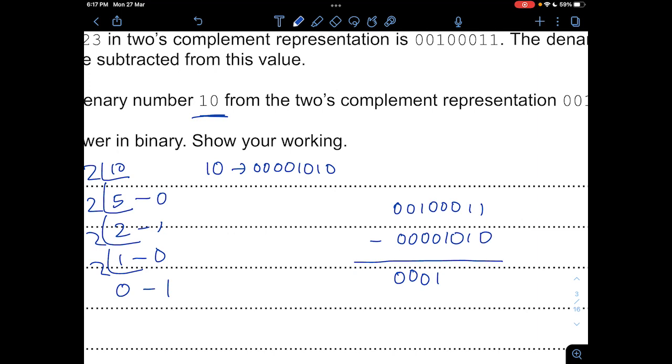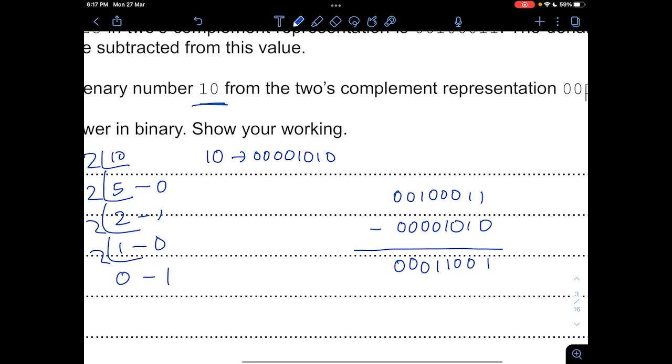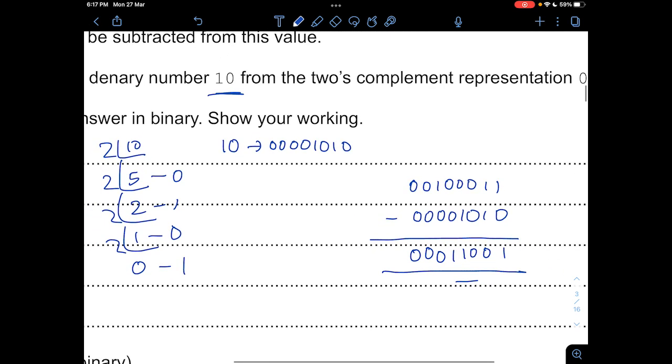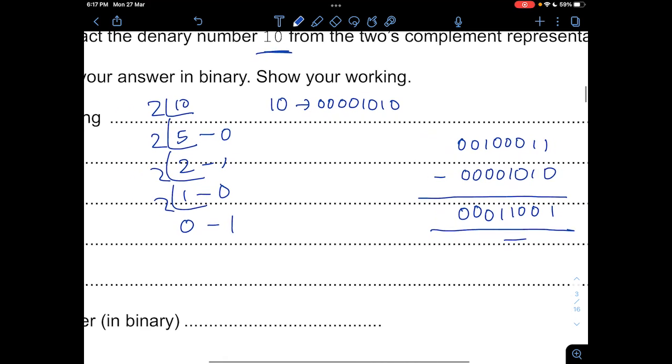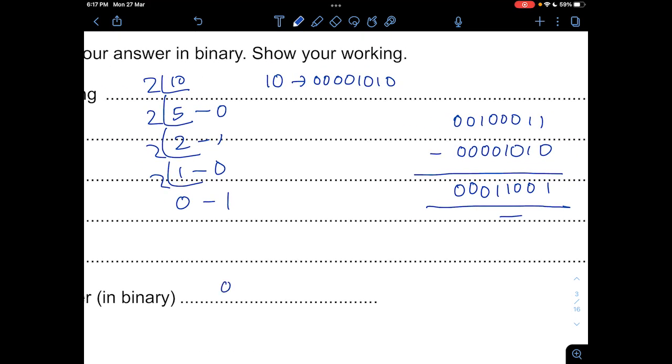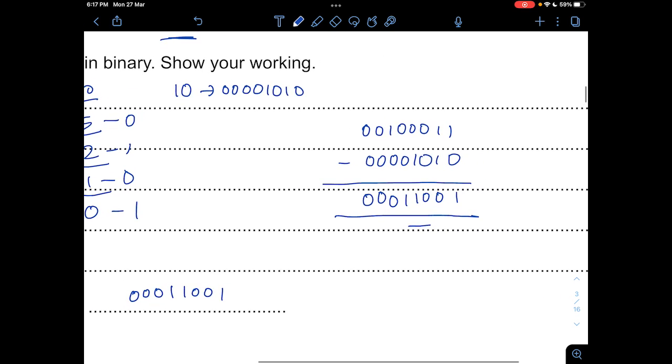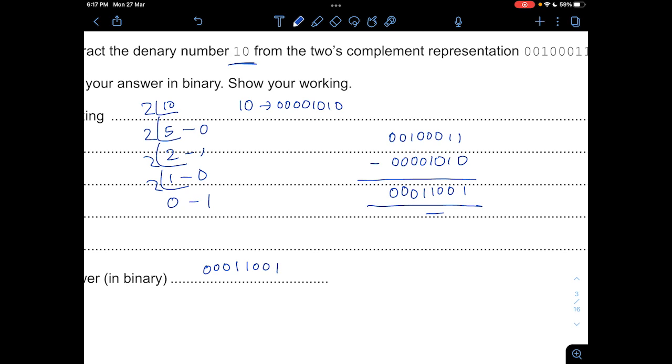Minus 1, you get 1, and then 0, and then 0, and then 1. Okay, so when you minus the denary number 10, you get this answer. So this is the correct answer, which is 00011001.